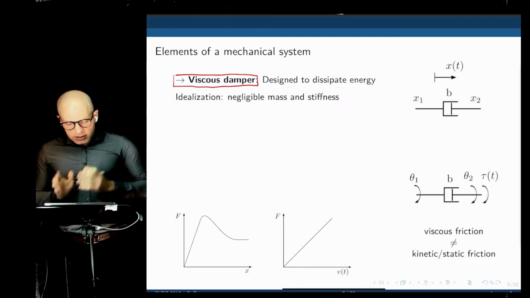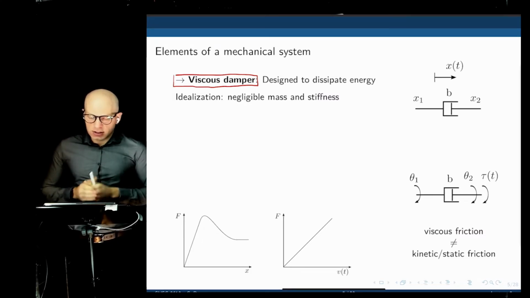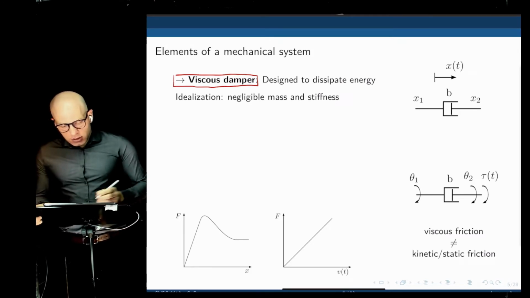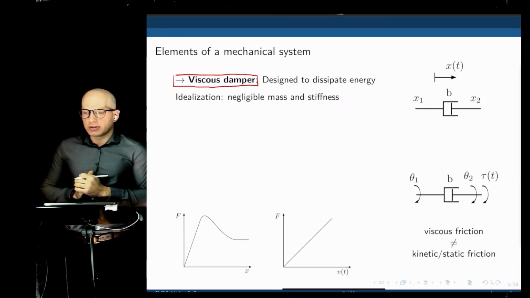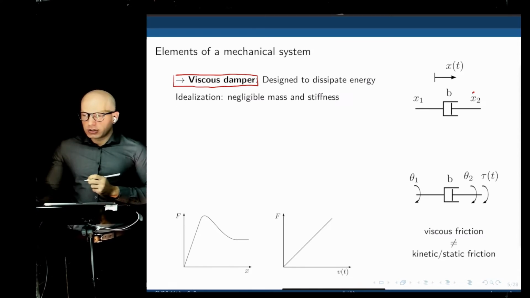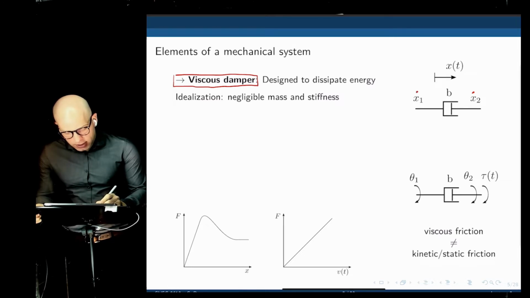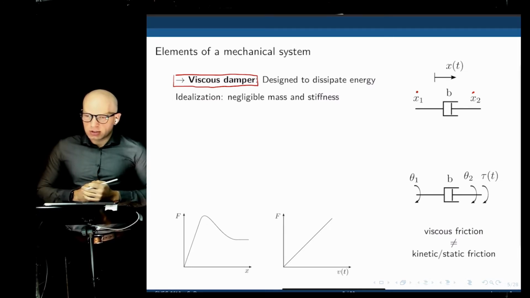And we know that the force becomes proportional to the speed, and that proportionality constant is B, the viscous friction coefficient. So in this case here, if one end of our damper has a displacement x2, that means that the speed is x2 dot. The other end has a displacement x1, which means a speed x1 dot.